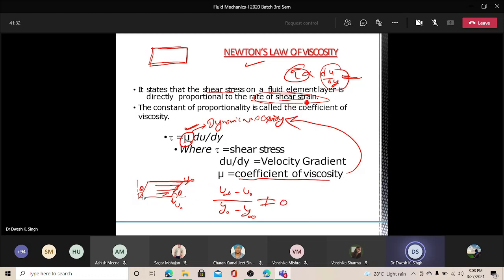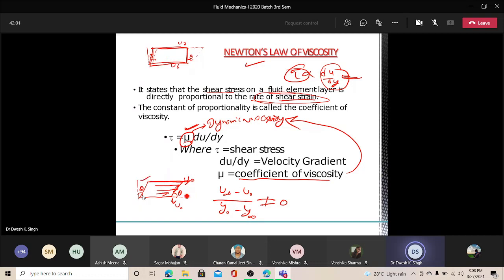This is sometimes called the shear strain, which I was discussing. So what is shear strain? If you take two layers, this is your U6 and this is your U7. If U7 moves ahead of U6, then when you join them, you will find an angular deformation, theta, like here.